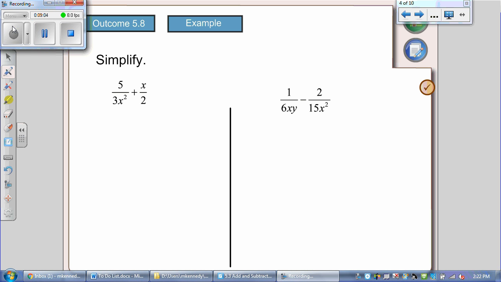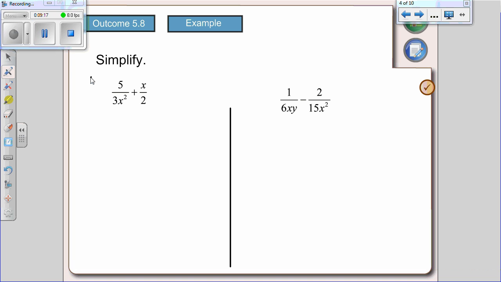You have 3 and 2, the coefficients. So what's their common denominator going to be? 6. So how does 3 become 6? Multiply the top by 2 and the bottom by 2. Now, what's their common denominator going to be for the x squares? It's going to be x squared. So how does this first one get to x squared?